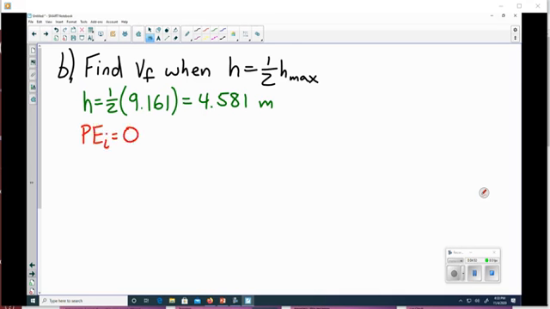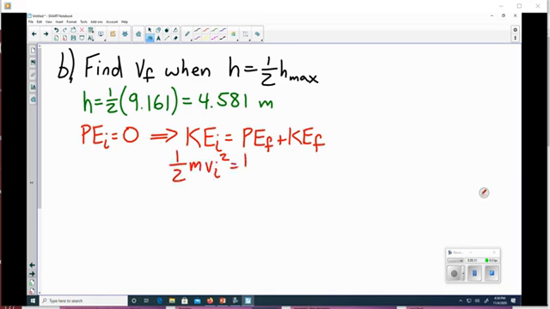Knowing that it only starts with initial kinetic energy, and if we know the height, we know the final potential energy, we can then solve the equation for Vf squared, or for Vf. Here again, the mass doesn't matter, and we just want to solve for Vf.